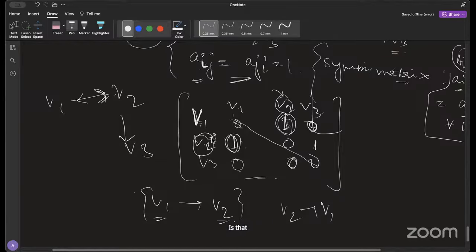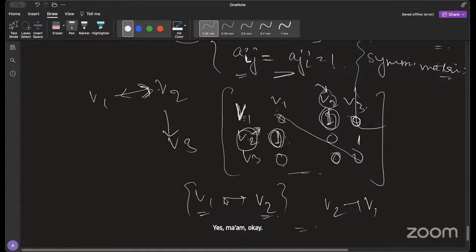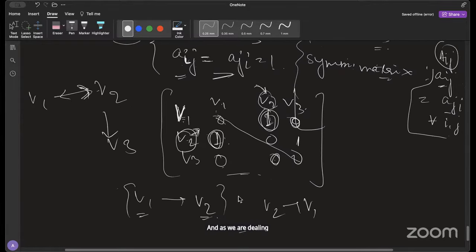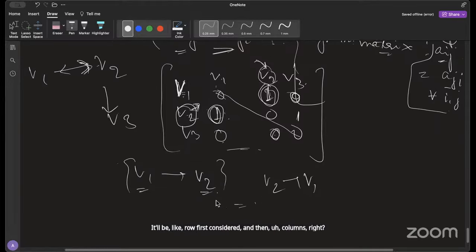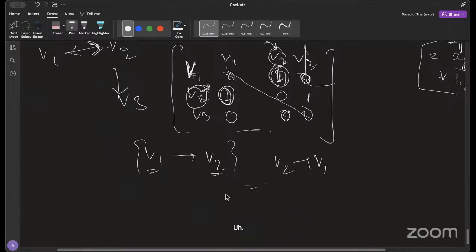Is that okay? The edge goes from here and comes here. And as we are dealing with matrices, we always consider it like a key and then values. It will be row first considered and then columns, right? Yeah, in the case of matrices we always consider the row first and then the columns, because it's like a key-value pair dictionary.